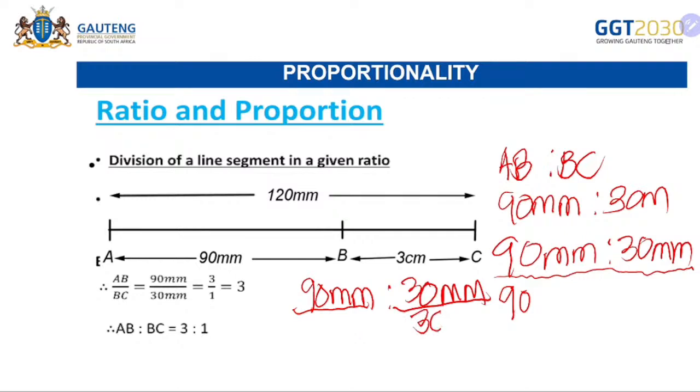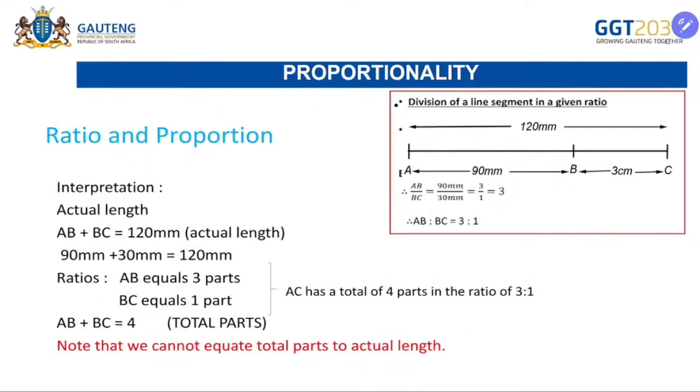So the highest common factor becomes 30, and I'll divide both sides of the ratio sign by that. The units will cancel out, and you realize that 30 divided by 30 will give us 1, and 90 divided by 30 will give us 3. So our ratio is given as 3:1, as you can see on the given solution down there.